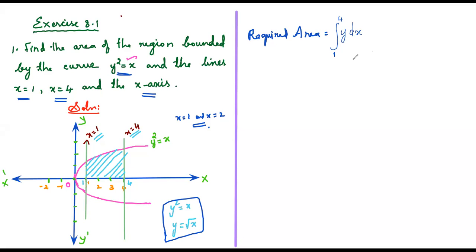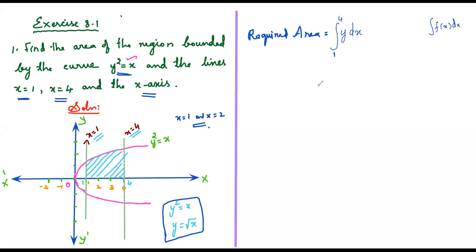When you get the limits in x, you take the equation y is equal to, which is a function in x, and you integrate it with respect to x. This is the formula to find the required area, that is integral f of x dx, right?